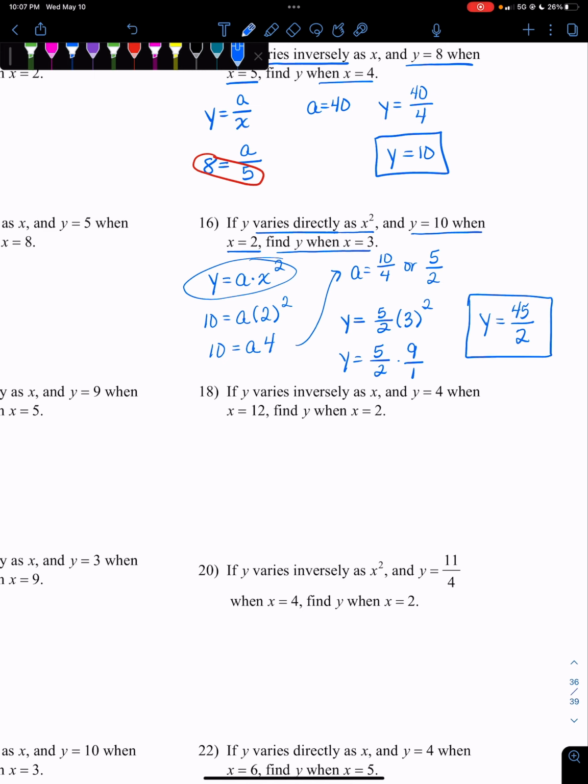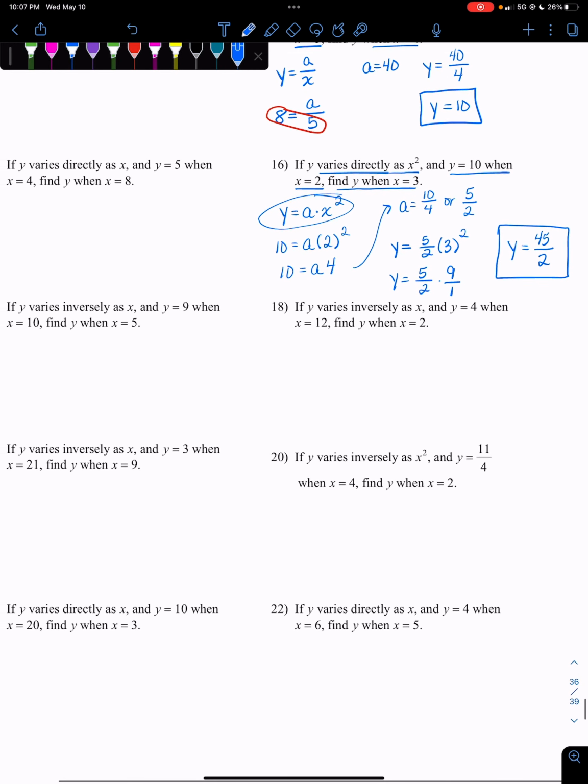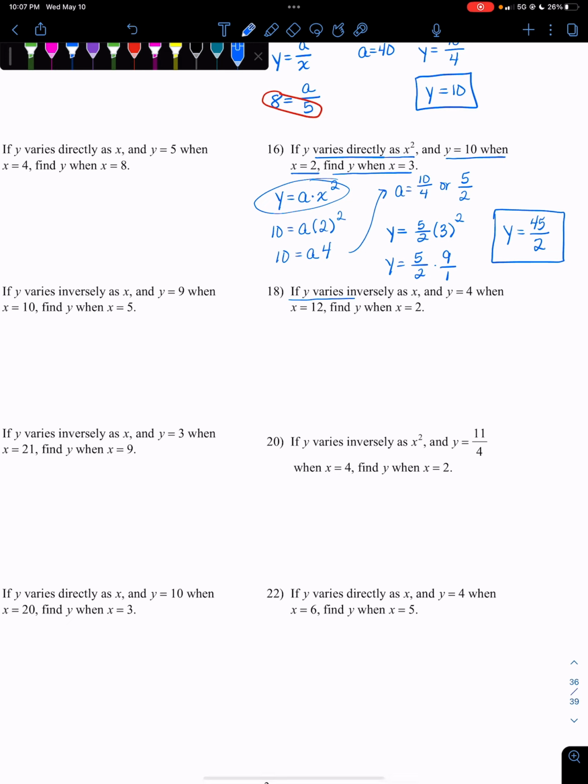All right? Okay, let's do one more of these, and then I will let you go out and practice on your own. So this next one, y varies inversely as x. So y is equal to a over x. And y equals 4 when x is 12. So 4 is equal to a over 12.